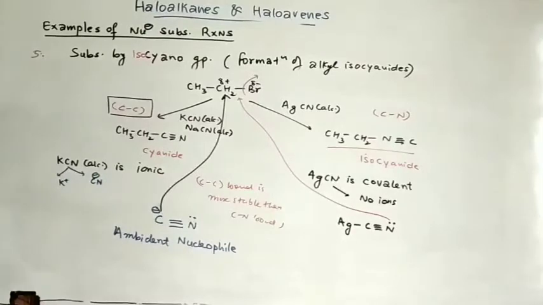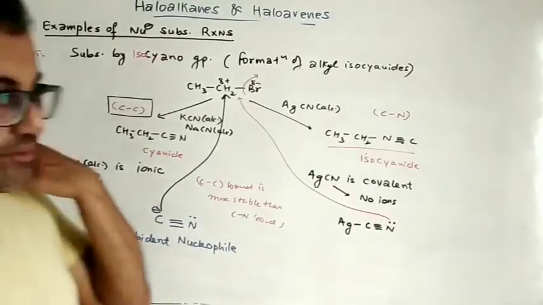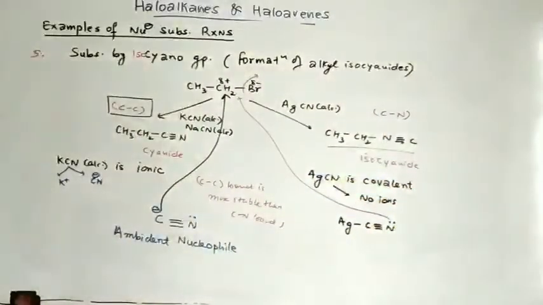This is also a question in NCERT: haloalkanes when they react with KCN or NaCN give cyanide, but when they react with silver cyanide they give isocyanide. Why? To write the answer, first you have to write that KCN is ionic in nature, so it dissociates to give ions, and CN negative ion is an ambident nucleophile which can attack in two ways on this alkyl halide.